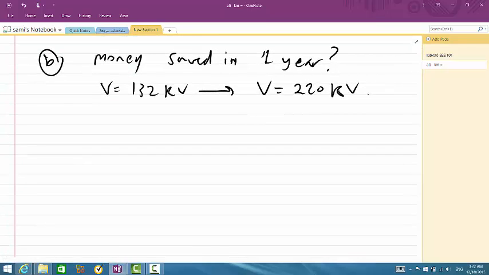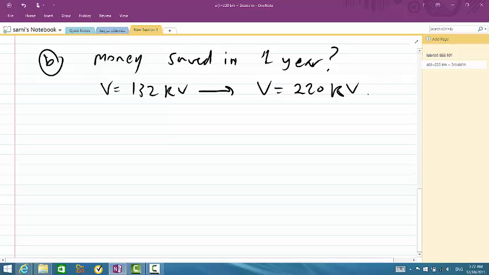So what will happen to the cost and to the losses? How much money will be saved, because increasing the voltage level will reduce the I²R losses in the transmission line.